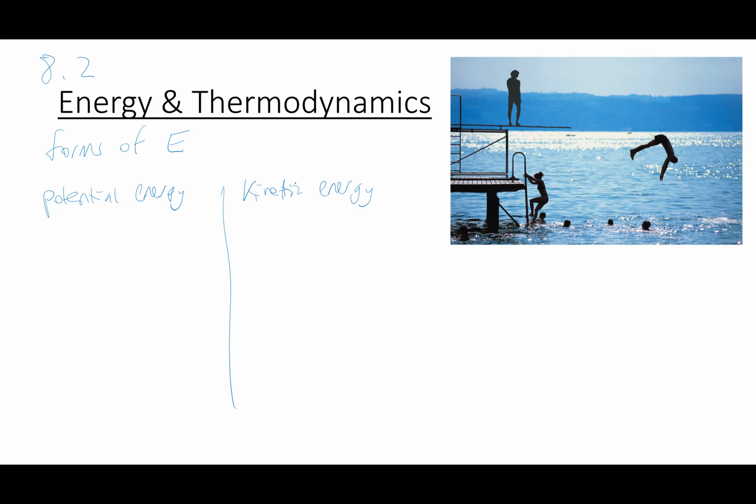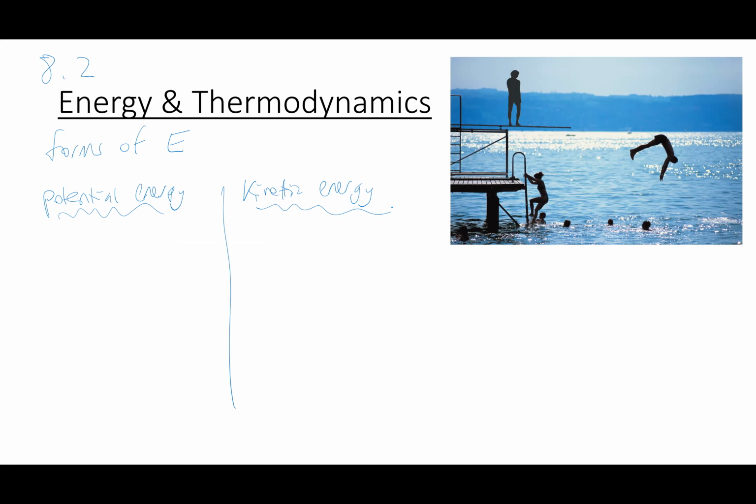So give me an example of, let's start with kinetic energy because we tend to be more familiar with kinetic energy. Can someone give me an example of a kind of energy that is kinetic energy? Wind?